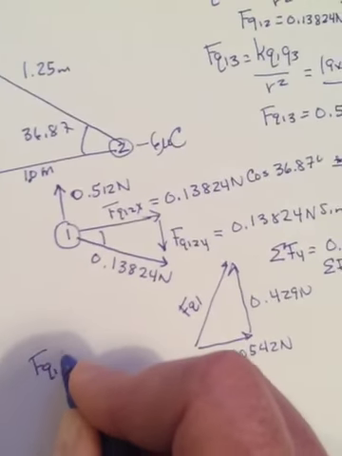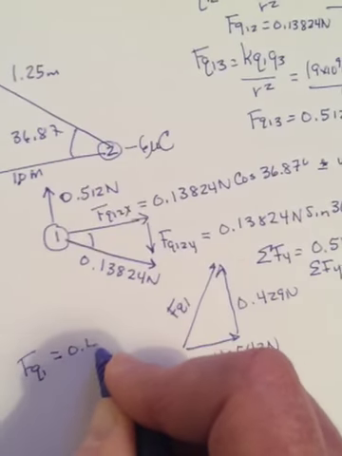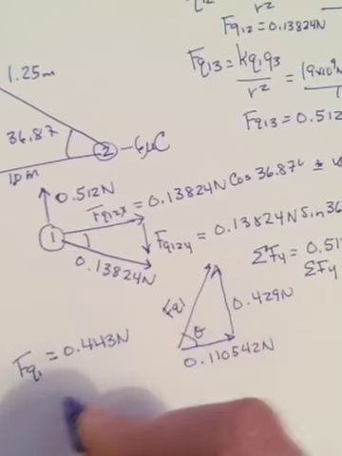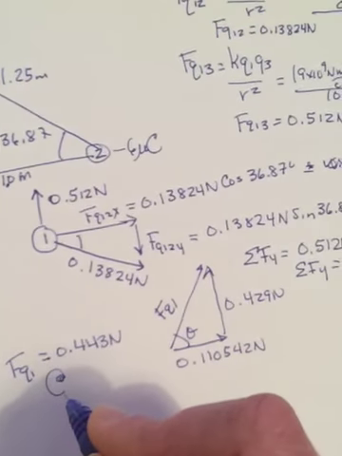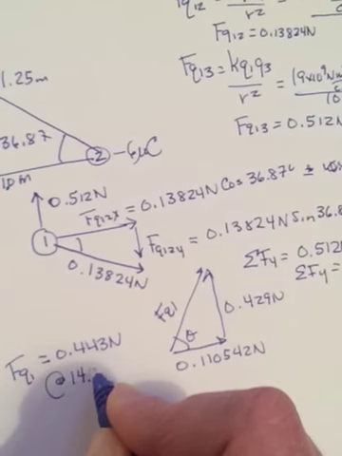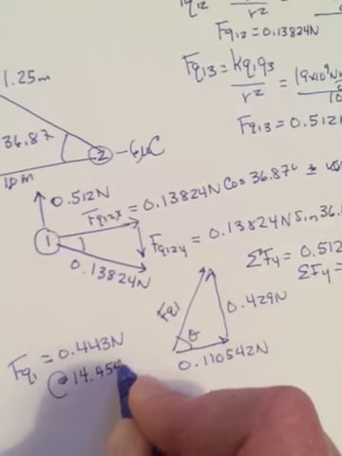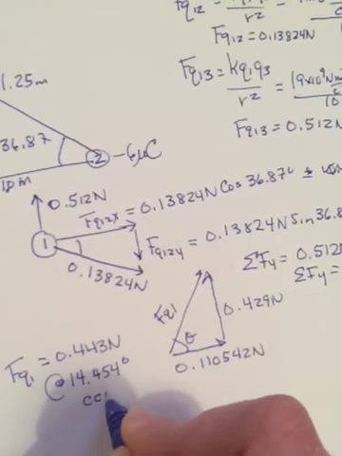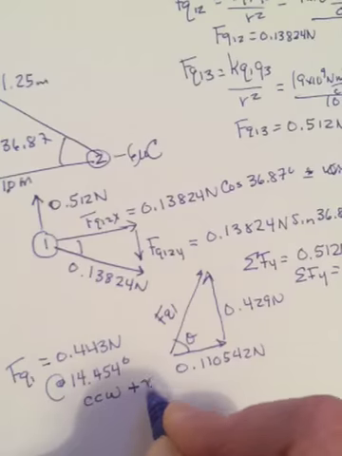So FQ on 1 ends up equaling 0.443 newtons. And the angle here at 14.454 degrees, and that will be CCW positive X.